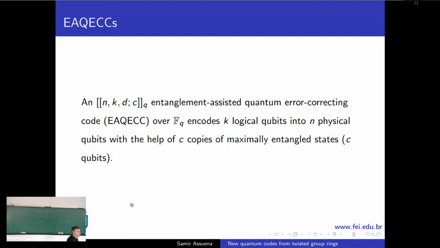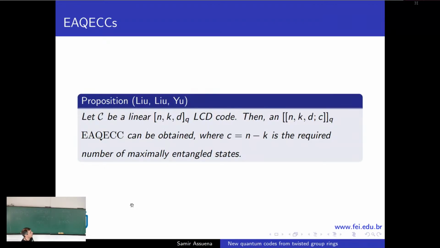And we have one tool here, the entanglement-assisted quantum error correction codes, and we denote codes obtained by this construction by n, k, d, c, where c is the number of maximally entangled states.